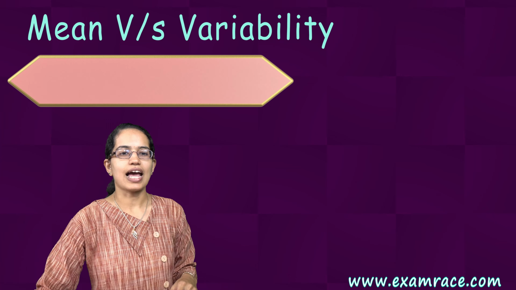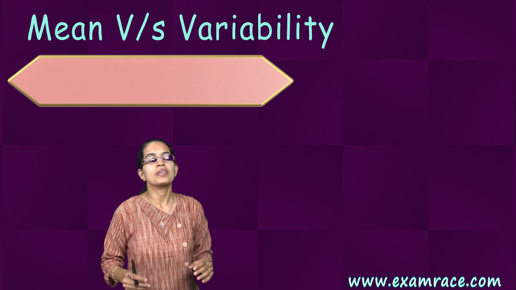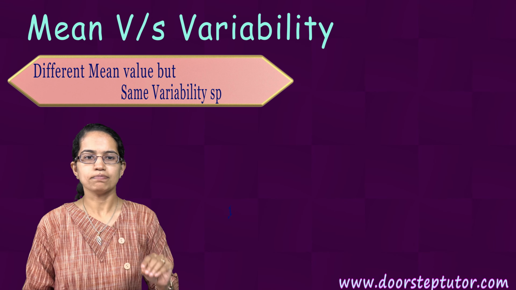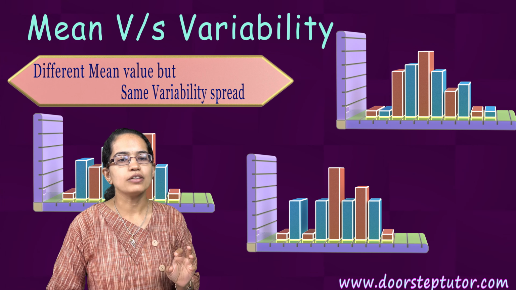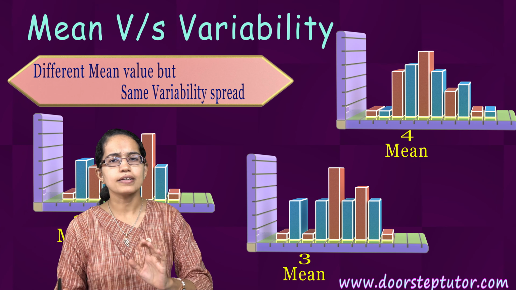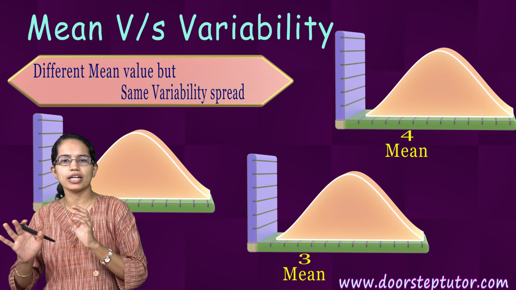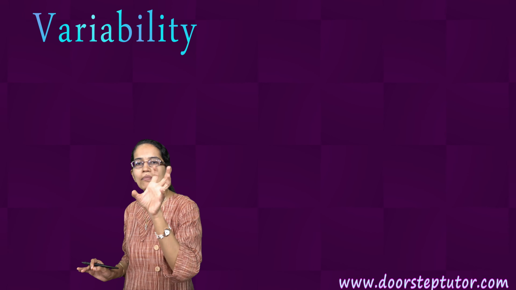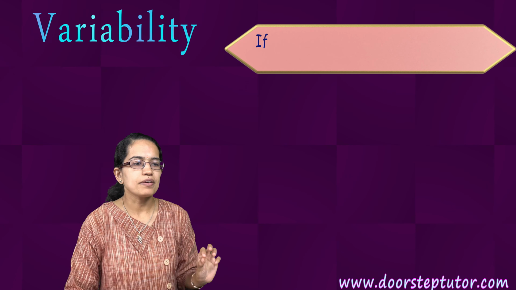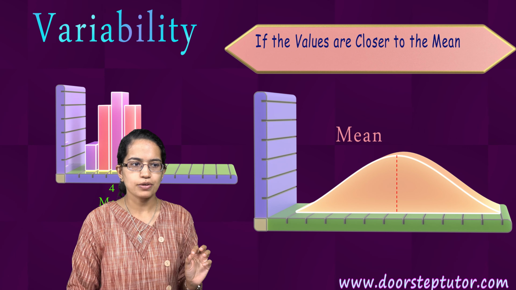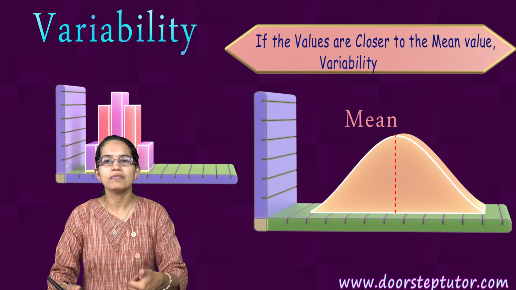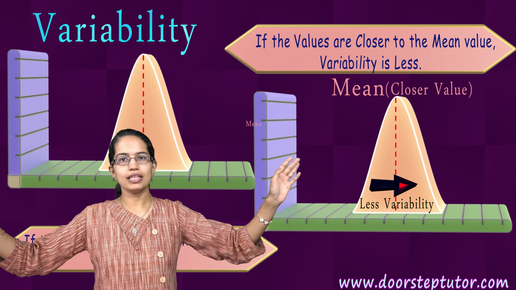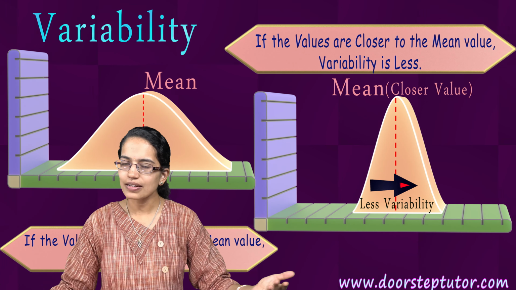In the next instance, we have different means, but the spread is more or less the same. Simply put, I can summarize this in one statement. If the values are closer to the mean value, the variability is less. If the values are away from the mean, the variability is higher.